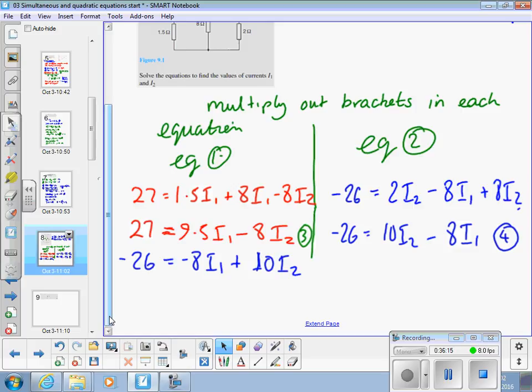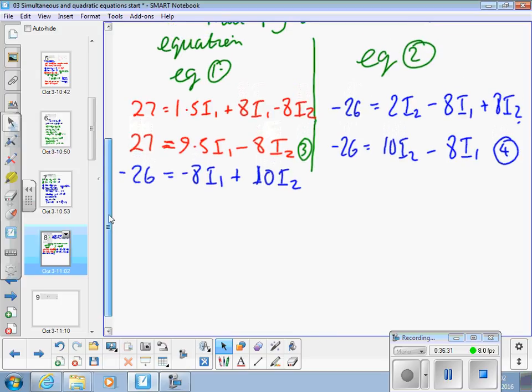Next job. The next part of this method, if we're going to use elimination, is to make the coefficient of one of the two currents the same in both equations.